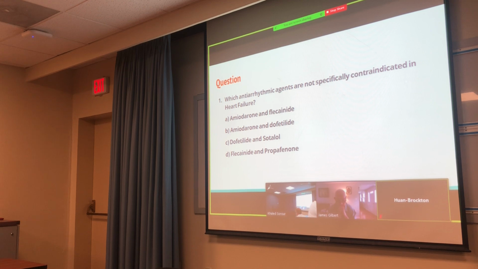But if the QTc is okay and the patient is relatively okay, you can use dofetilide. I would go with dofetilide over amiodarone because of the less long-term side effects. Amiodarone, after a couple of years, you always see something: thyroid toxicity or something with the liver, and the worst is the pulmonary fibrosis.